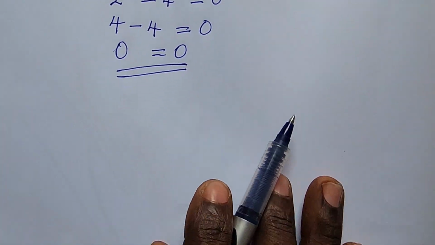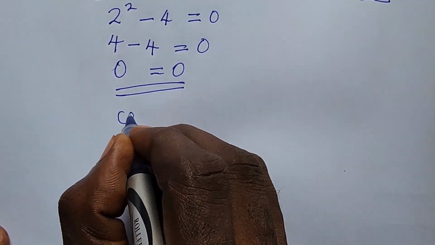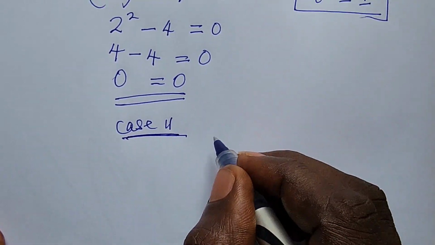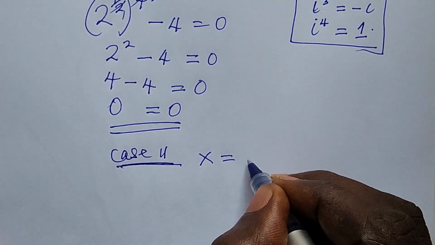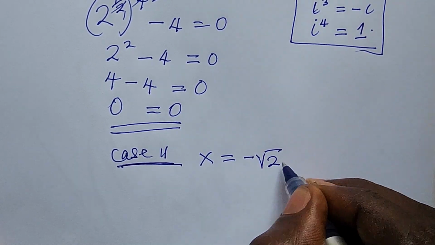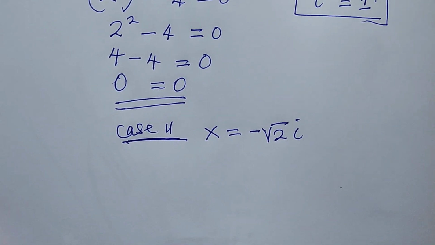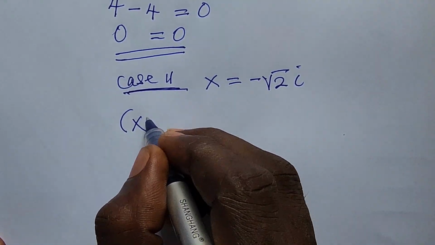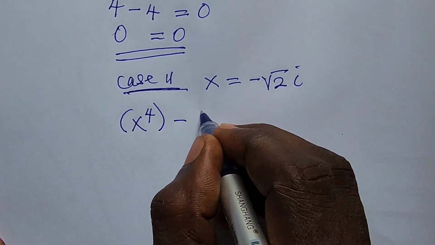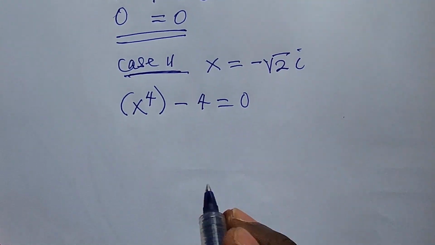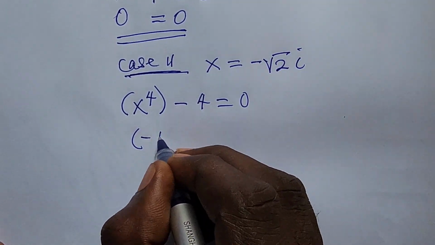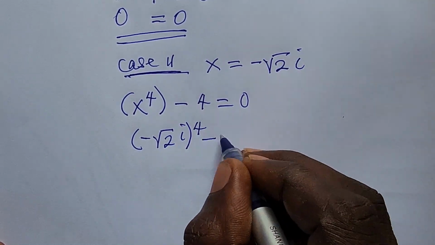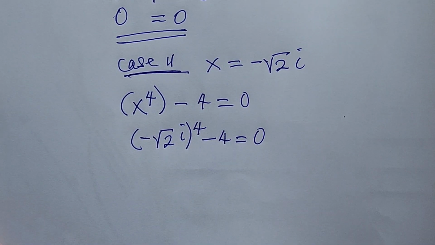So let's try the last one, which is case 2. And what is case 2? Case 2 says that our x is equal to minus the square root of 2 iota. So let's quickly do our substitution again. So we have x to the power of 4 minus 4 equal to 0. So if we quickly replace this, we have minus root 2 iota all to the power of 4 minus 4 equal to 0.